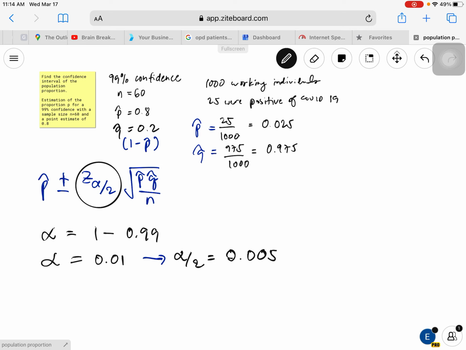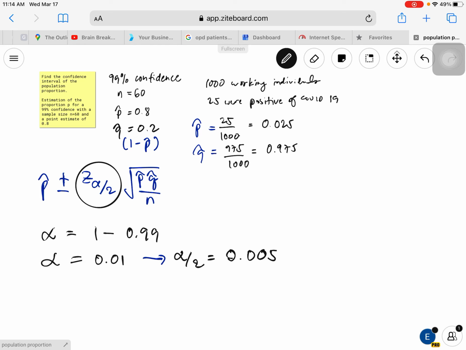That's our alpha divided by 2. So what's going to be next here is we have to use the z table.